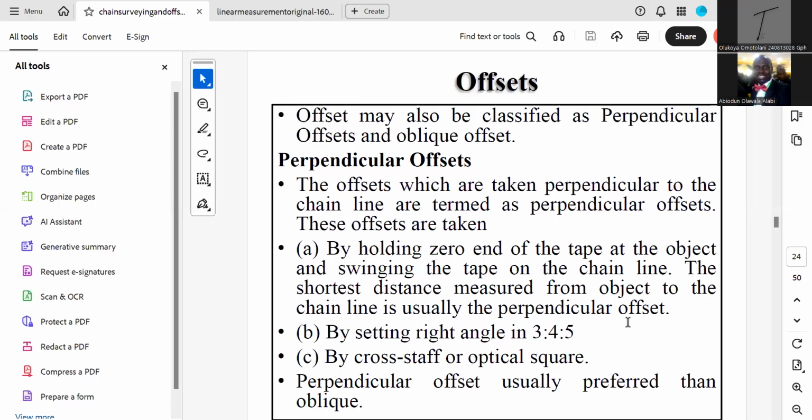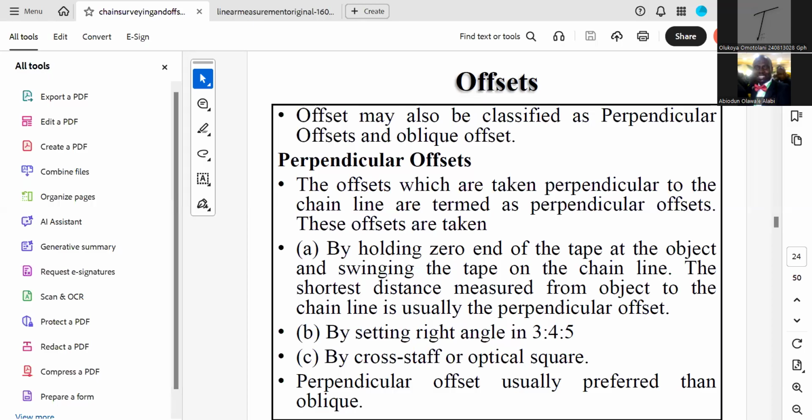Offsets may also be classified as perpendicular offsets and oblique offsets. I've explained what perpendicular offset and oblique offset are for you. Let me just whet our appetites more on perpendicular and oblique offsets. The offsets which are taken perpendicular to the chain line are termed perpendicular offsets.